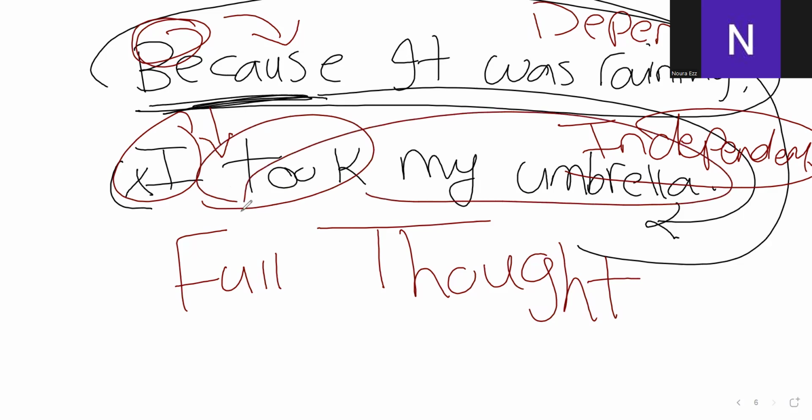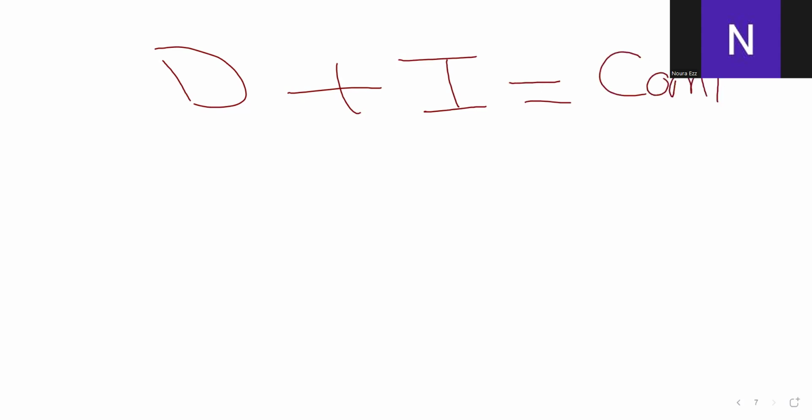It doesn't need anything to help. But the one before needs a sentence or a clause to help. Because it was raining, it is dependent. It's a poor clause that needs this one to support it or to help it. Okay? I think this is clear. When I have dependent and independent clauses together, dependent and independent, it's a complex sentence.